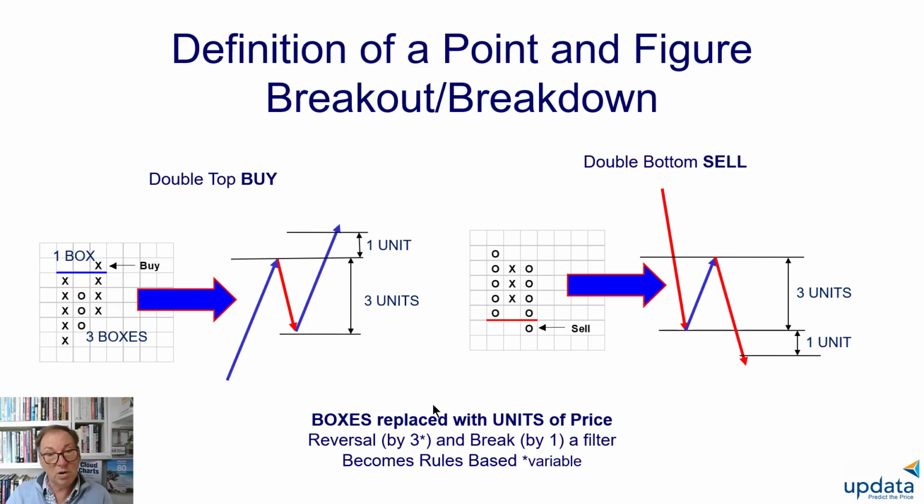So we replaced the boxes with units of price because we're not using that box grid anymore. We're thinking about units of price, and we're going to start thinking about units of time, which you don't have on a point and figure chart. The reversal is by 3. You can change that as a variable, and the break is by 1. That's the filter, and it becomes rules based. So this grid effectively gives you the rules base for using these charts.